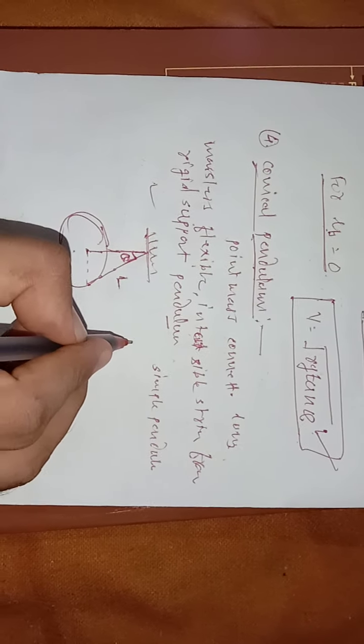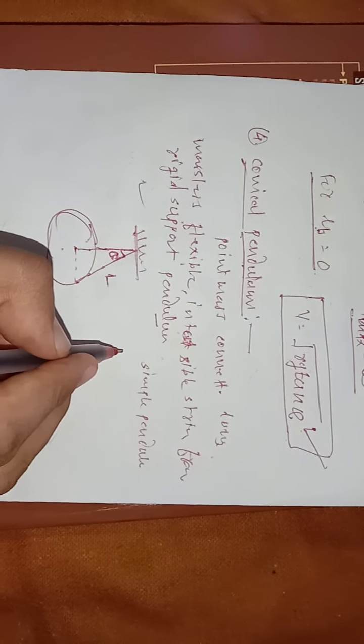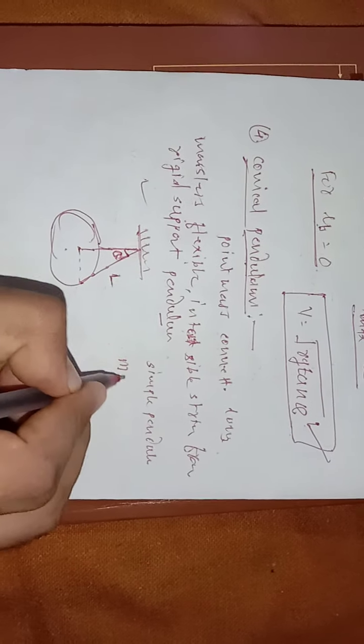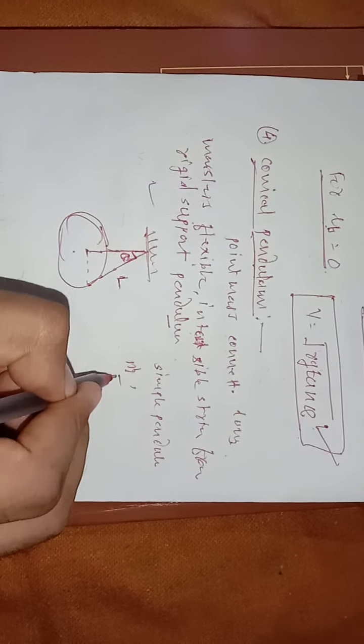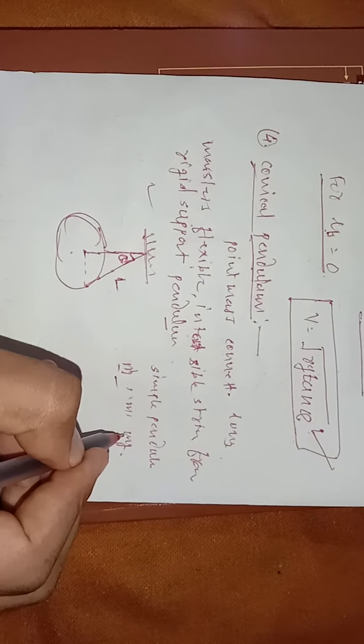Suppose m is the mass of the bob, so mg is the weight of that bob.